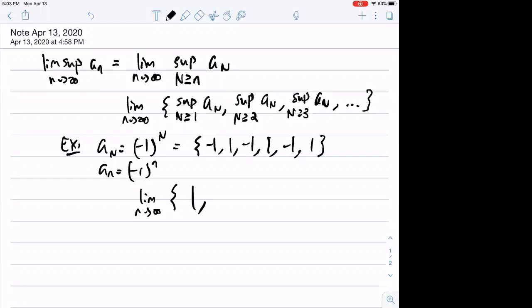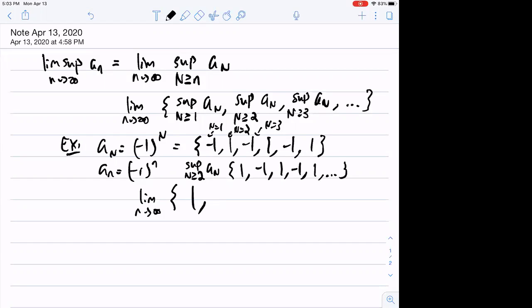Now if I wanted sup over n greater than or equal to 2 of a_n, well, this is the n equals 1 term, this is the n equals 2 term, this is n equals 3. So I want to take out n equals 1, so my sequence now starts at the n equals 2 part, and then n equals 3, n equals 4, n equals 5, and so on.